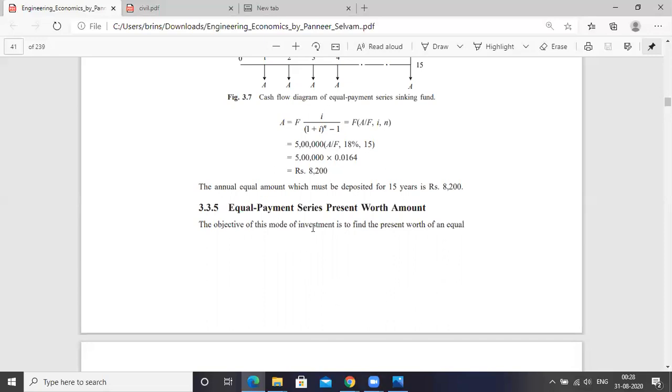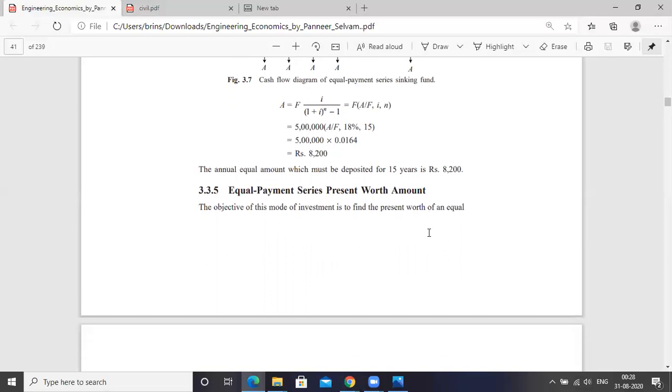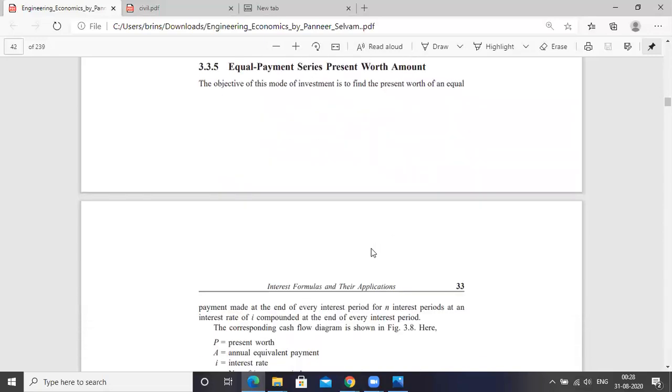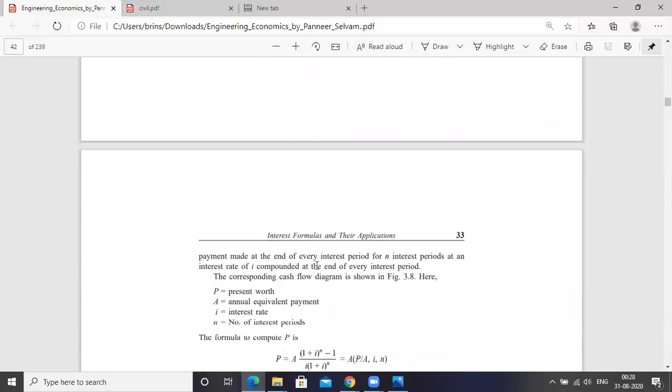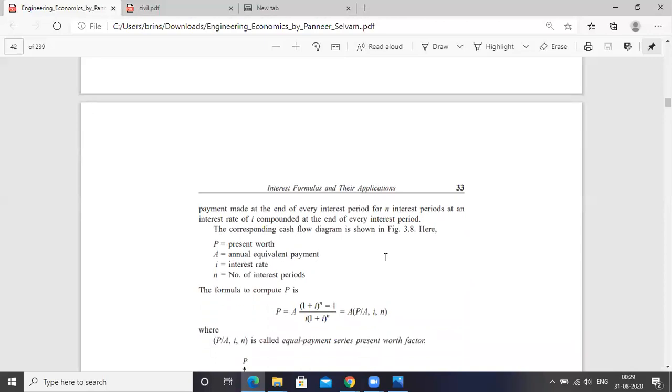The mode of investment is to find the present worth of an equal payment made at the end of every interest period, with a certain interest rate which is compounded at the end of every interest period.